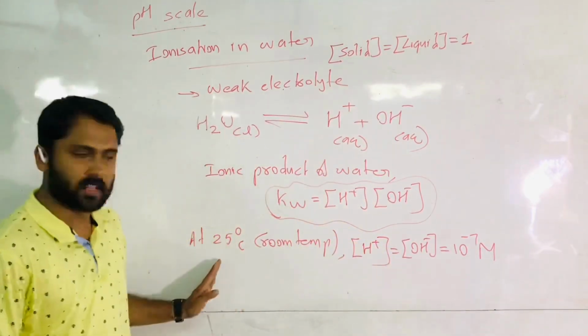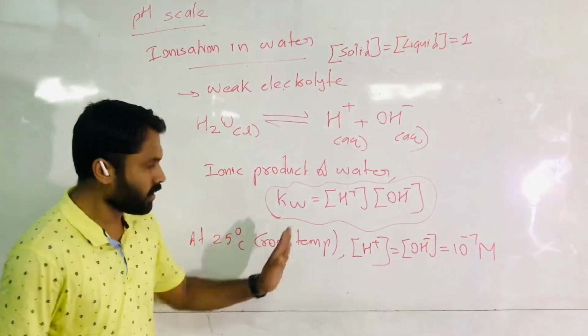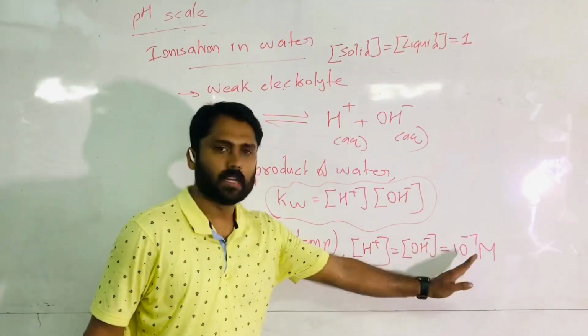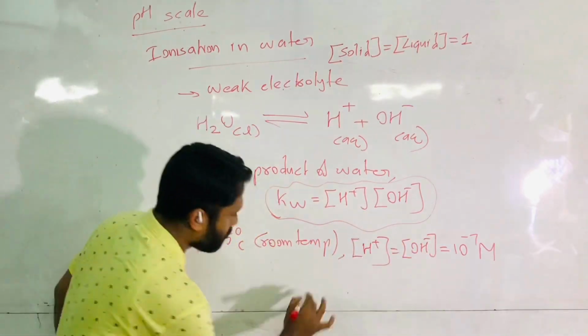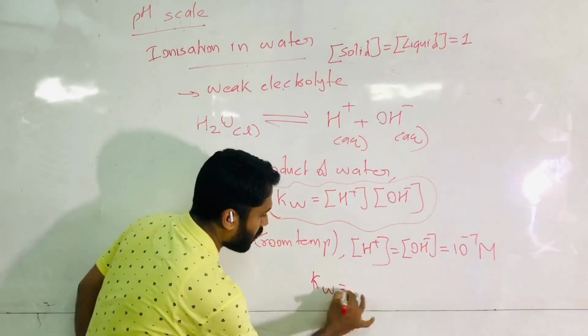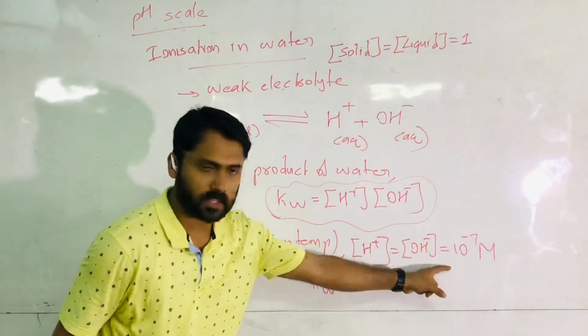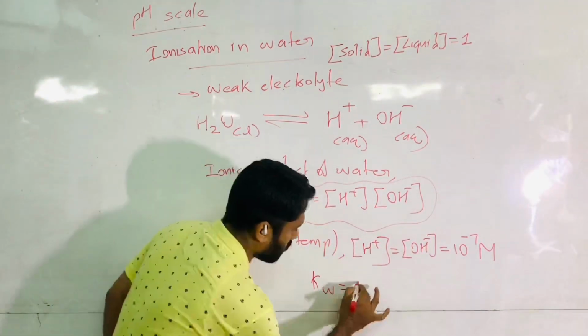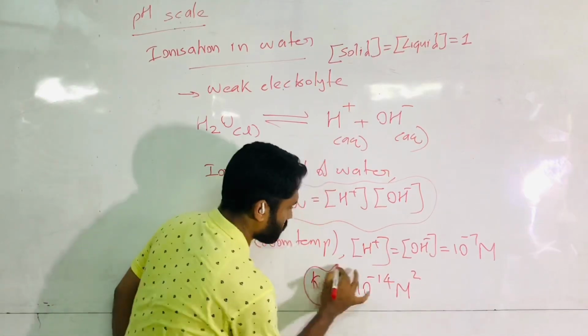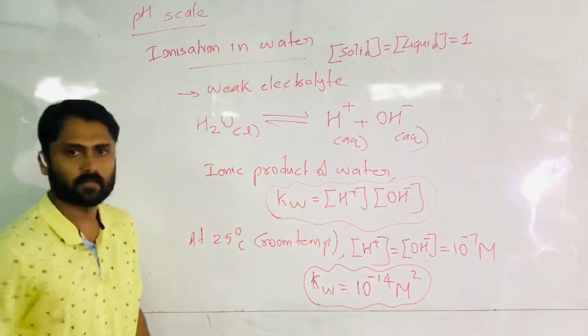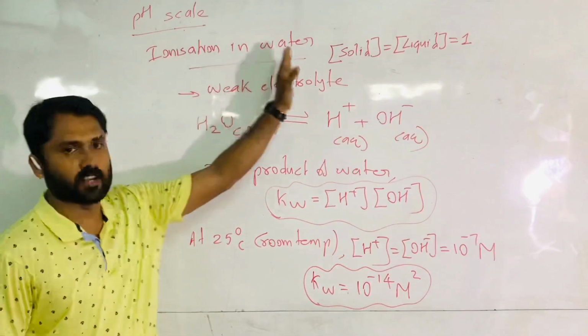H plus equals OH minus equals 10 raised to minus 7 molar. By substituting this value, we get Kw equal to 10 raised to minus 7 into 10 raised to minus 7. That is 10 raised to minus 14 molar square. Okay, this is about the ionization in water.